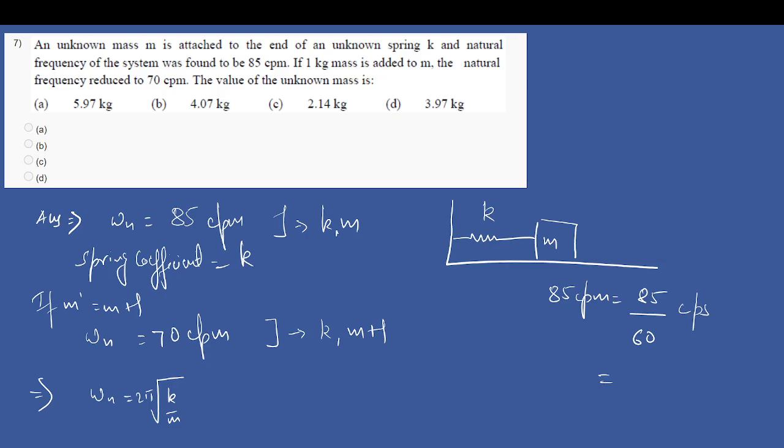So 85 by 60 in cycles per second is 1.41 cps. Then f equals 1 by 2 pi root over k by m.